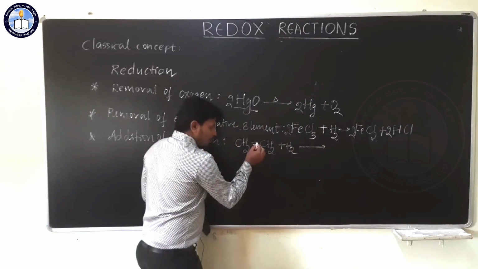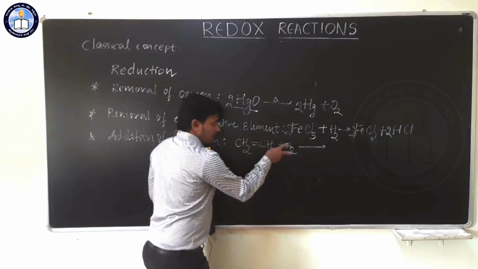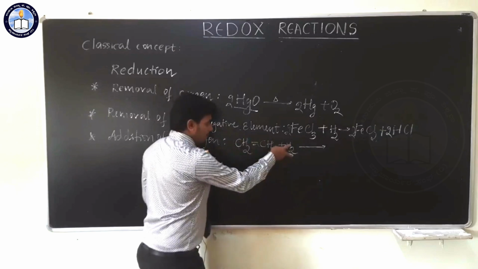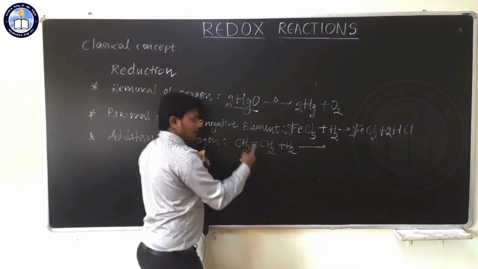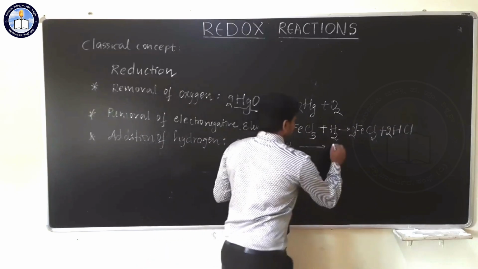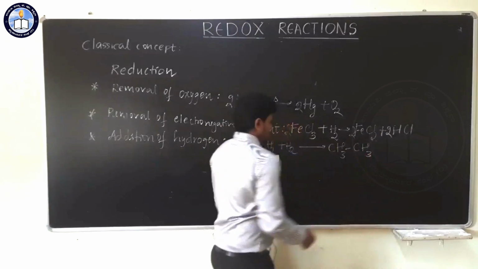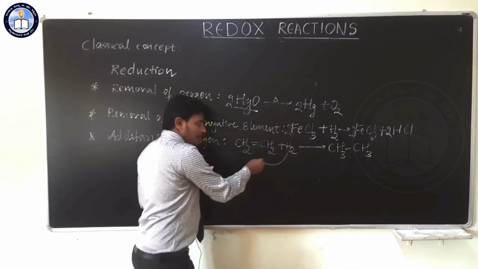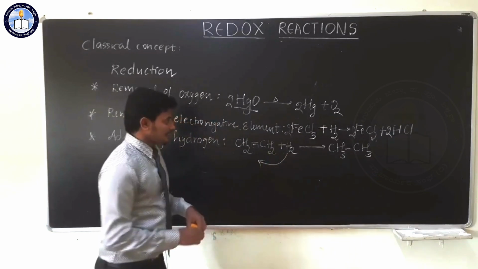You just have to remove one of the bonds. Then two hydrogen atoms are there, we have to place here. That's all. CH2 becomes CH3. Here also CH3. So that's equal to CH3 CH3. Addition of hydrogen is known to be reduction, isn't it?